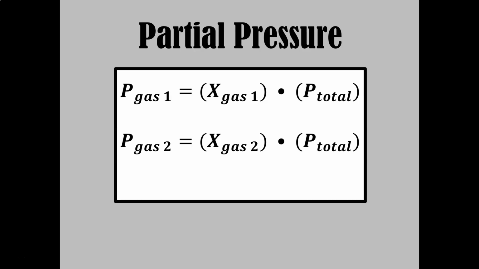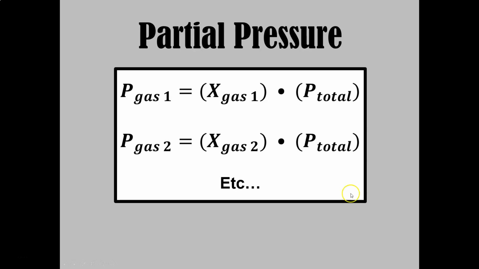So you can sometimes solve for one of your mole fractions by subtracting from one if you know the other mole fraction. There are little manipulations that you can do, and those will come with seeing practice problems and trying them. If you then calculate your partial pressures, they should add back together to give you your total pressure. You can do this with 2 gases, 3 gases, 4 gases, as many as you need to.